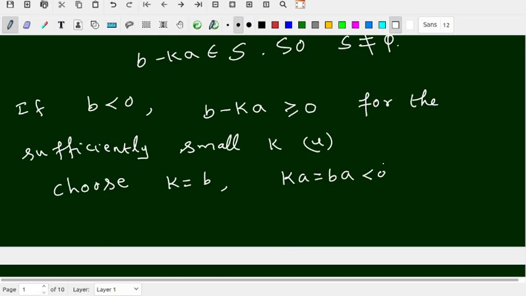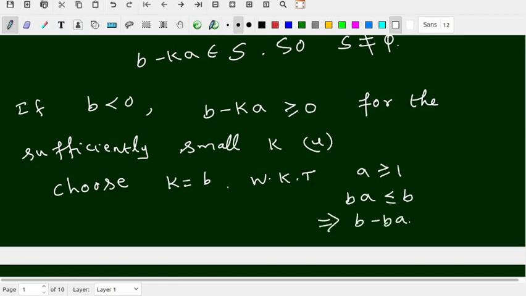Not only is this negative, we know a is positive, greater than or equal to 1, right? What about ba? b is a negative number, so ba is less than or equal to b. So now what about b minus ba, which is greater than or equal to 0?